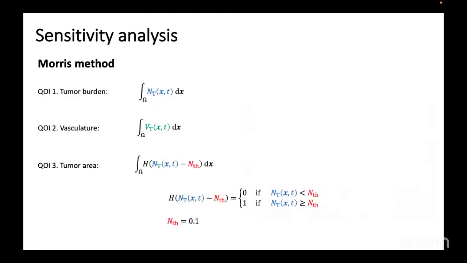And we established 3 quantities of interest to measure the effect of the parameters, which are the tumor burden, which is the total number of cells in the tumor, the total vasculature, and also the tumor area.